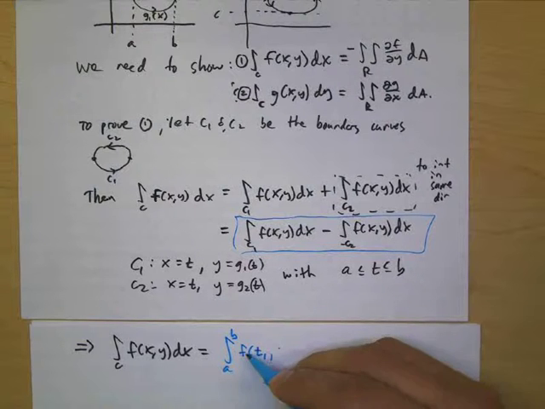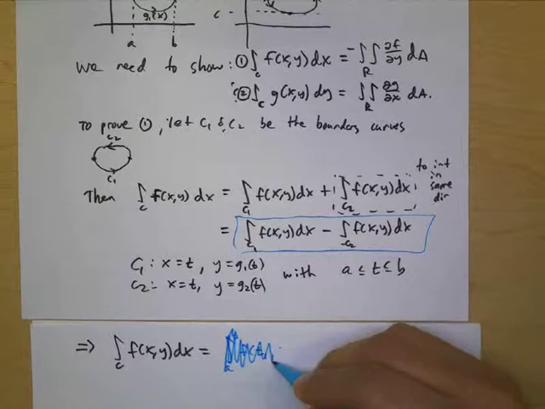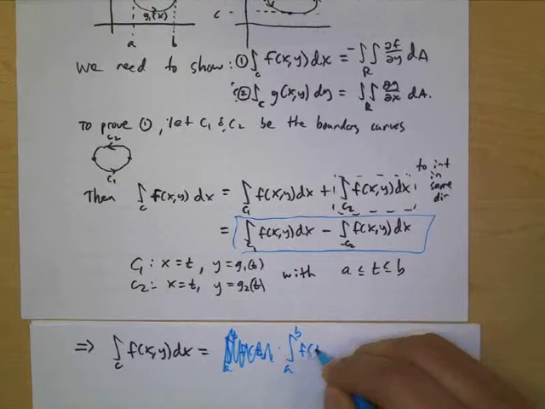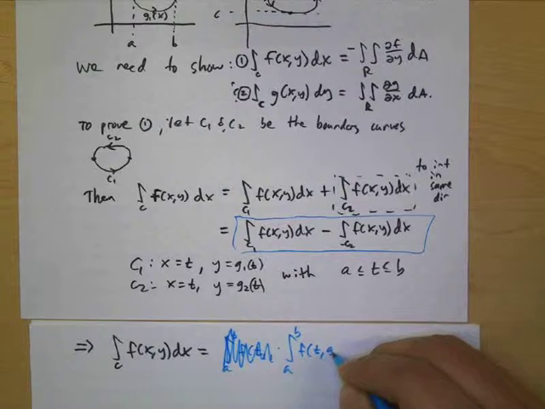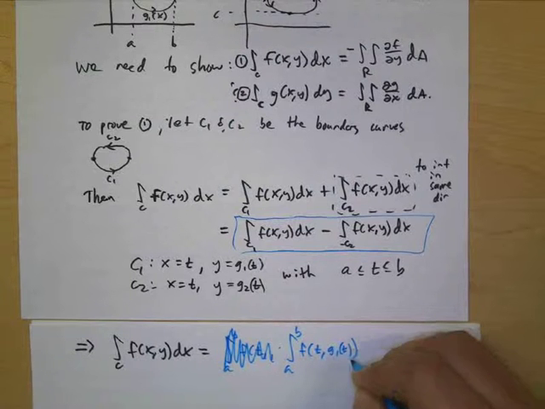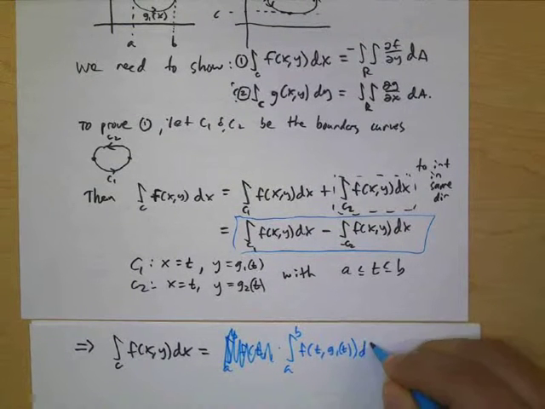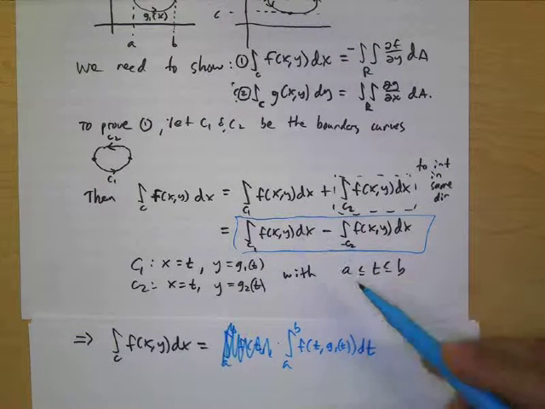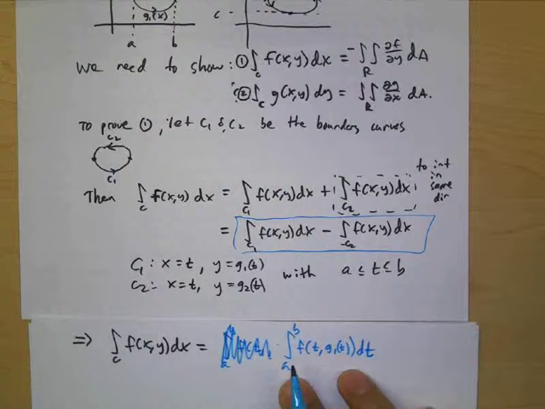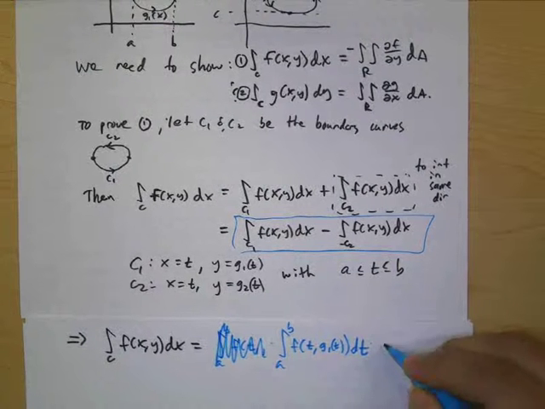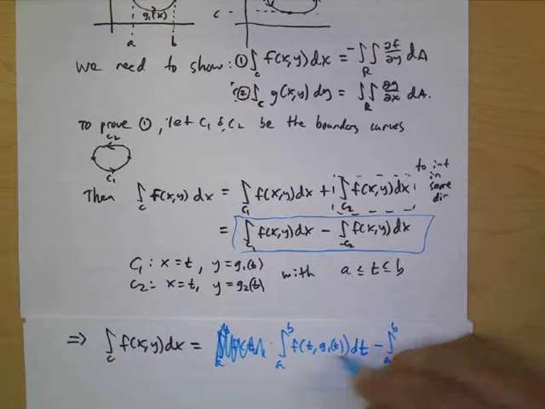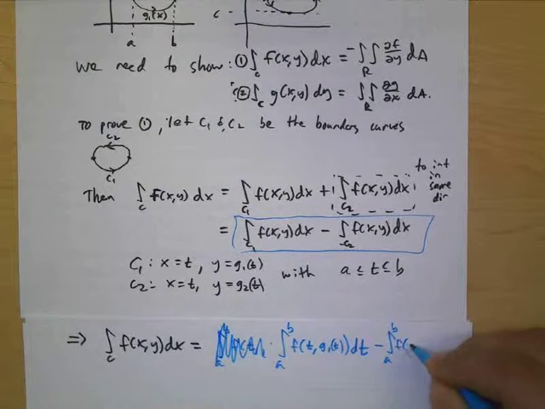Oh, whoops, you know what, let me rewrite that. f of t comma g1 of t dt. Since x and t are the same, that means dx and dt will also be the same. So everything is now in terms of t for this integral, and this one will be minus the integral from a to b of the same thing, but just g2 now.